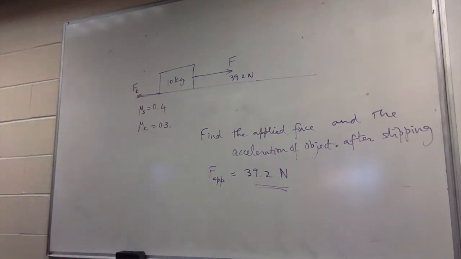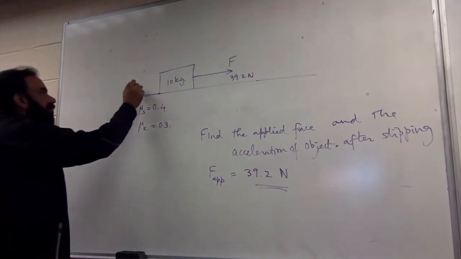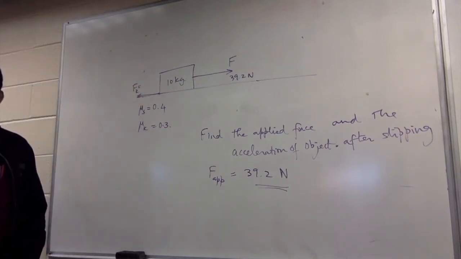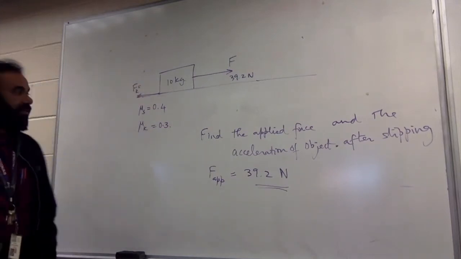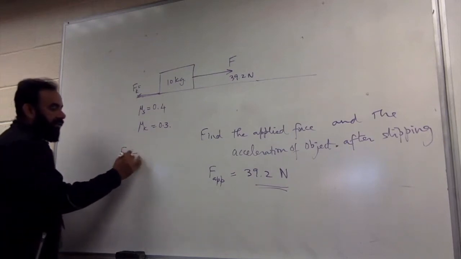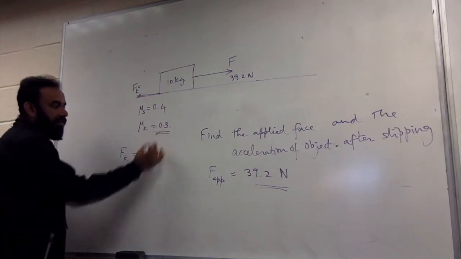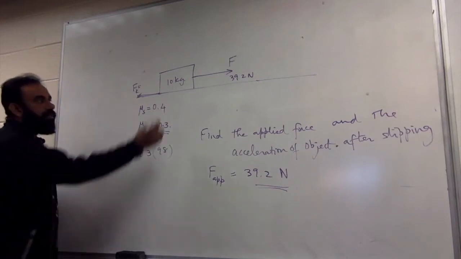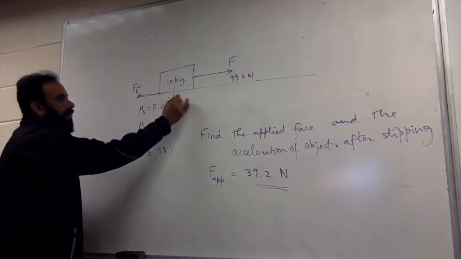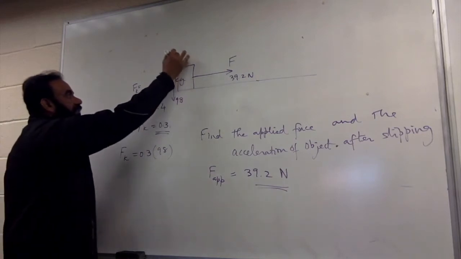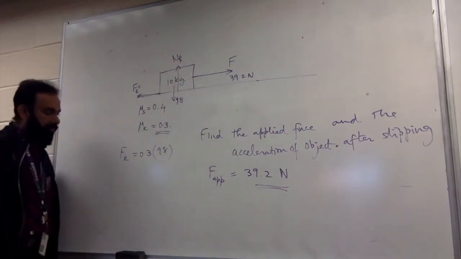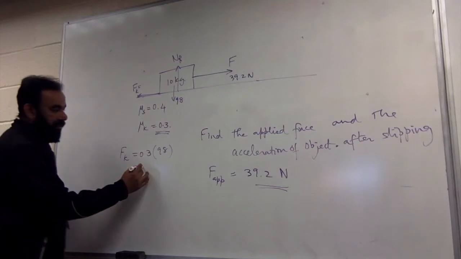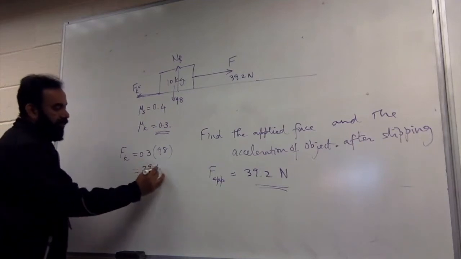You need to evaluate that Fk now. Fk is going to be 0.3, this constant, times the normal reaction. The weight is 98, therefore the normal reaction is 98. So this comes to 29.4 backward.